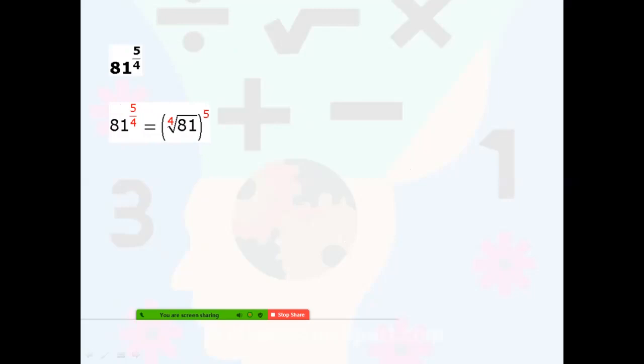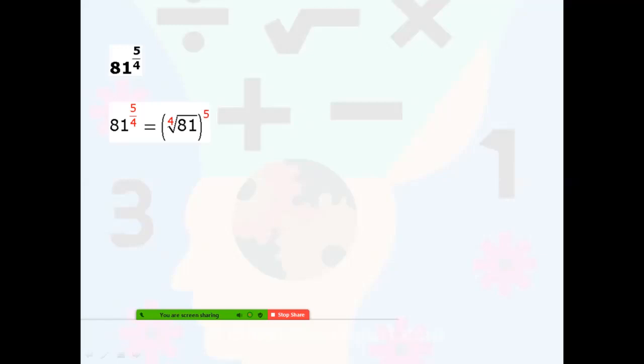Then we make the number in the numerator an exponent. In the previous one also there was 1 as the exponent, but anything to the power 1 gives you the same, so we don't write it. But when you have a number other than 1 in the numerator, you have to write it here.